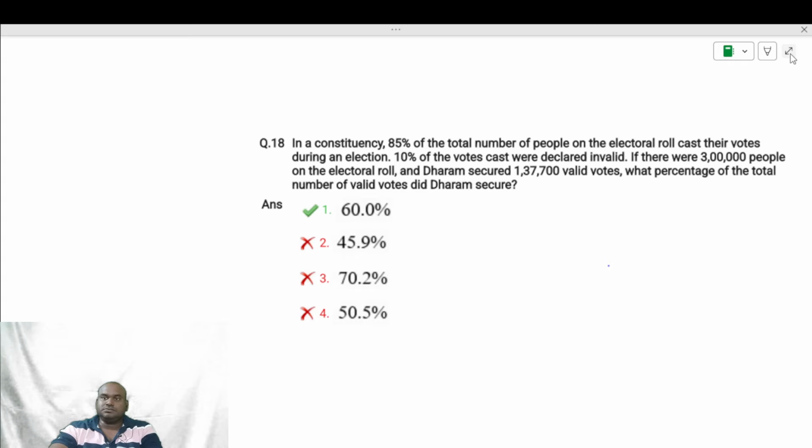The next question. In a constituency, 80% of the total number of people on the electoral roll cast their votes during an election. 10% of the votes cast were declared invalid. So 100% votes were not counted. Only 85% were polled, out of which 10% invalid.